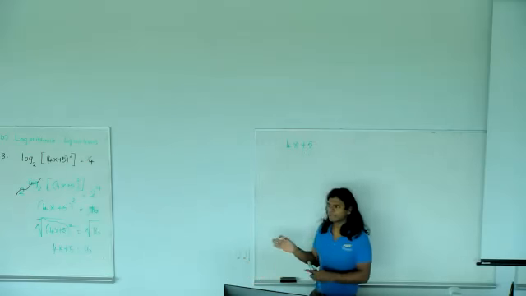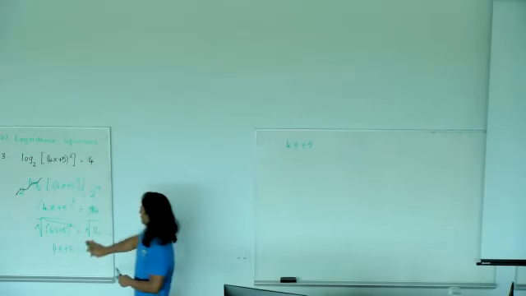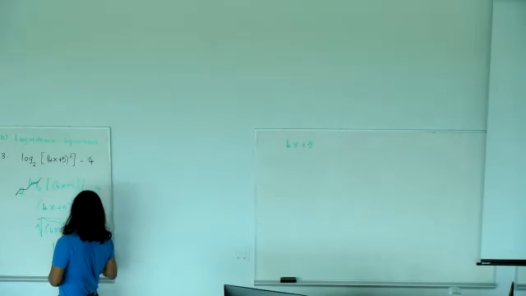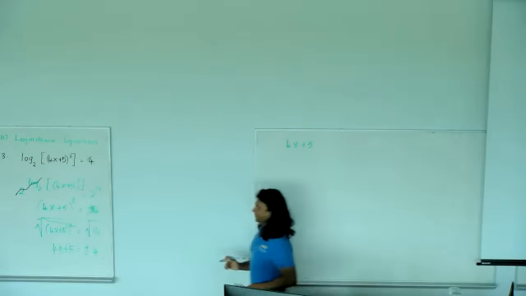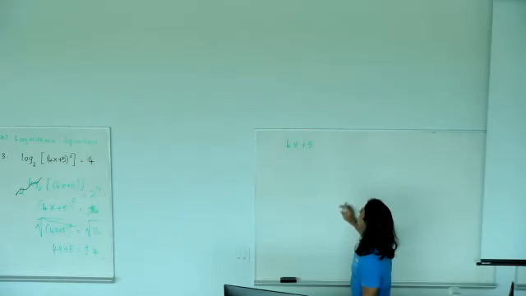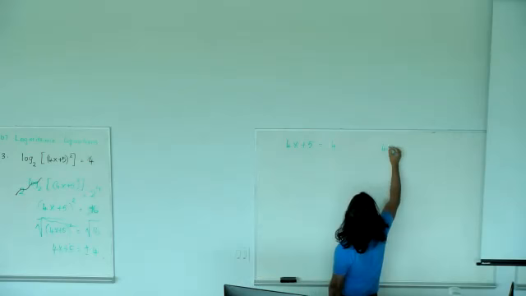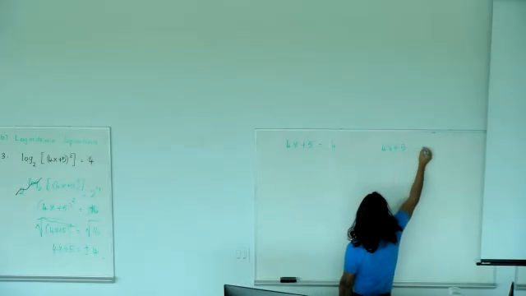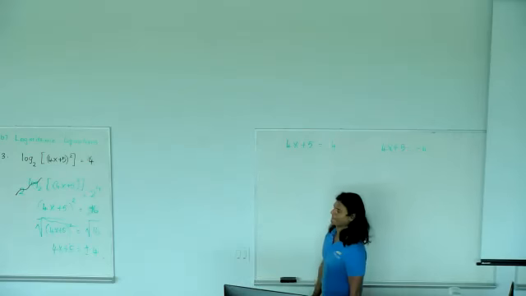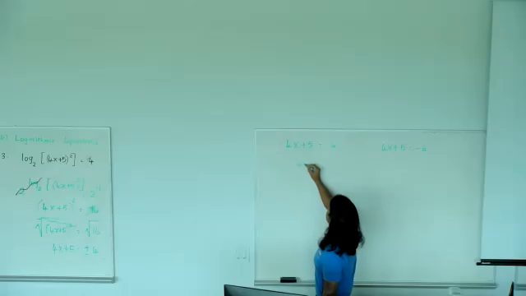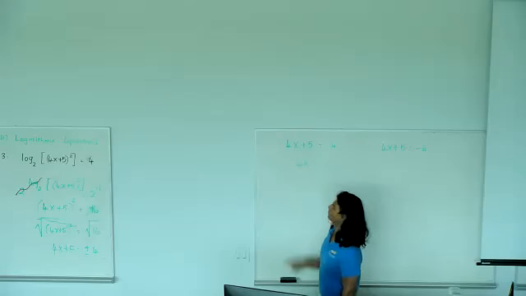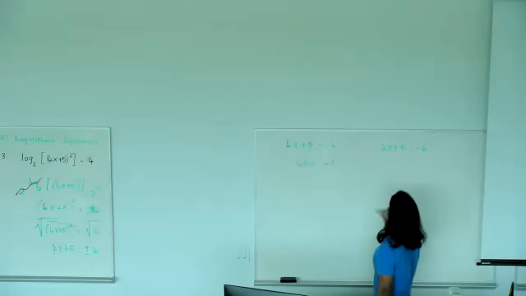Technically speaking, it is plus or minus 4. I was too quick there. So there are two possibilities, plus 4 and minus 4. 4x would equal, move the 5 to the other side, 4 minus 5, negative 1.